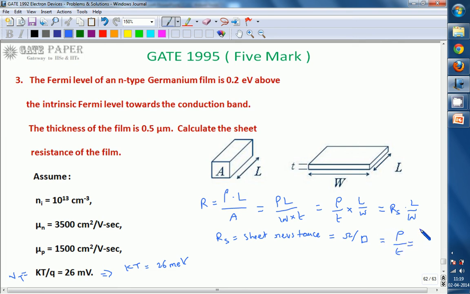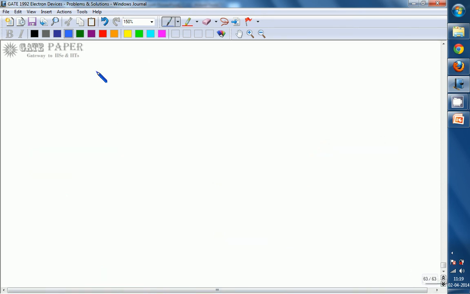Resistivity is the reciprocal of conductivity, so rho is 1 by sigma. So Rs, the sheet resistance, is equal to 1 by sigma into T, where T is the thickness.